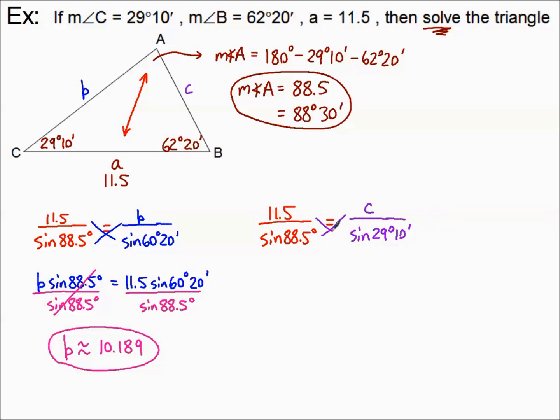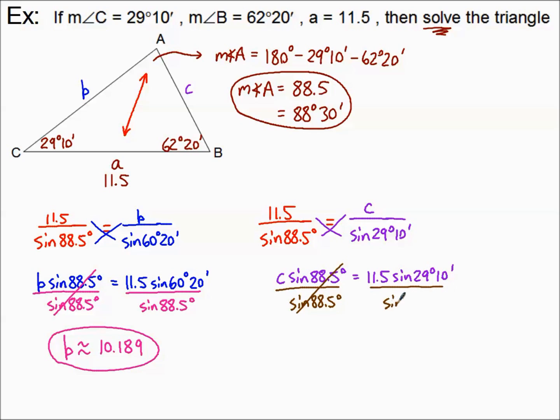I'm going to cross multiply, so C times the sine of 88.5 degrees is equal to 11.5 times the sine of 29 degrees 10 minutes. I will divide by this number, whatever that number is. The calculator will deal with that.